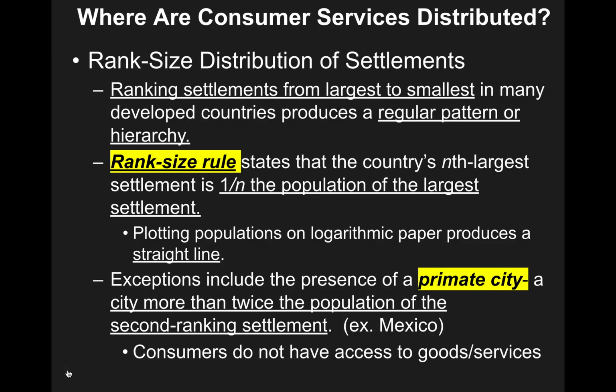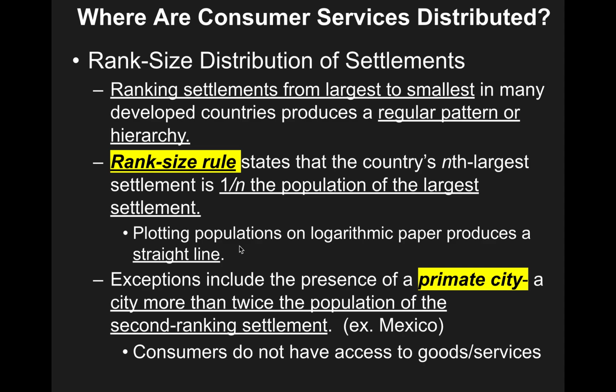All right, this leads to rank size rule. Rank size rule says the nth largest settlement has 1/n of the population of the largest settlement. So we look at plotting a straight line, and there should be a regular pattern that follows that logarithmic straight line that starts in the upper left and slants right, which we'll take a look at here in a second.